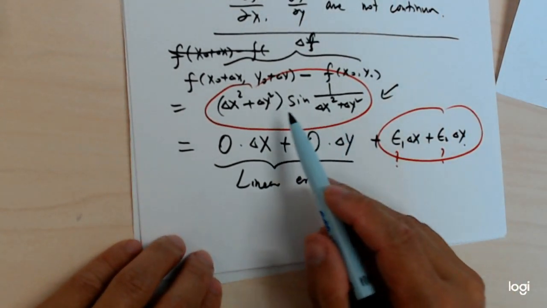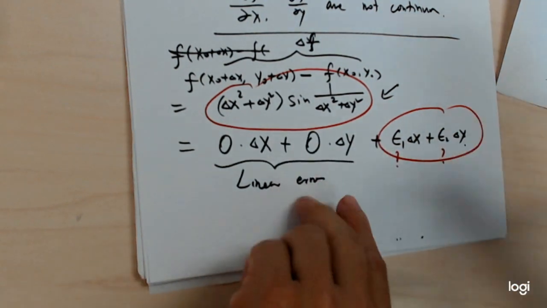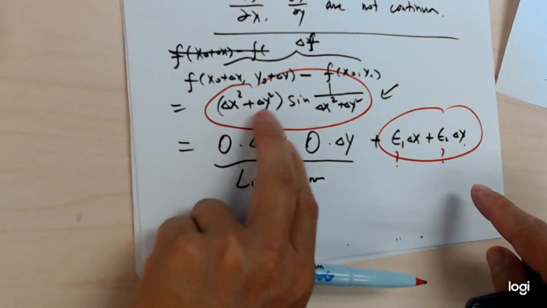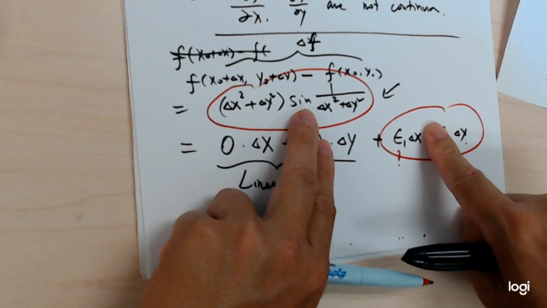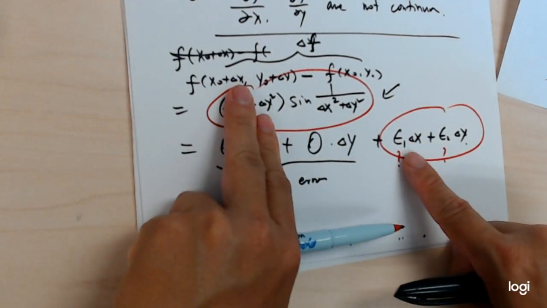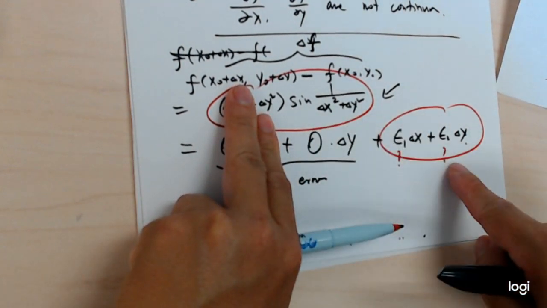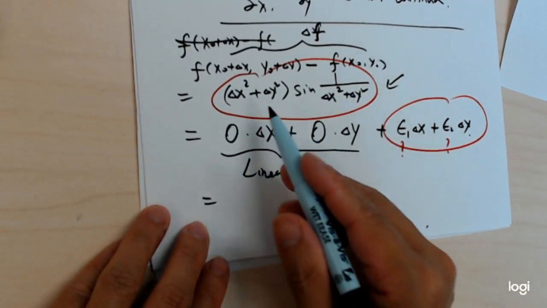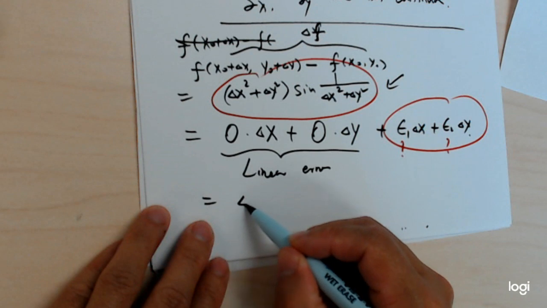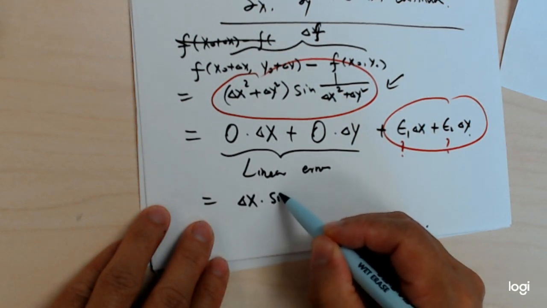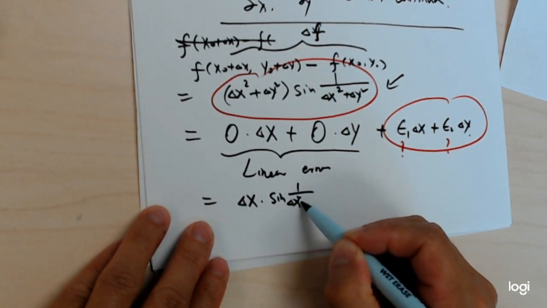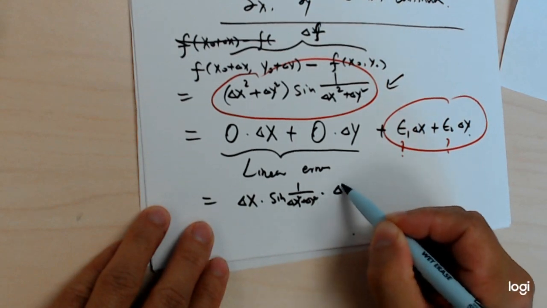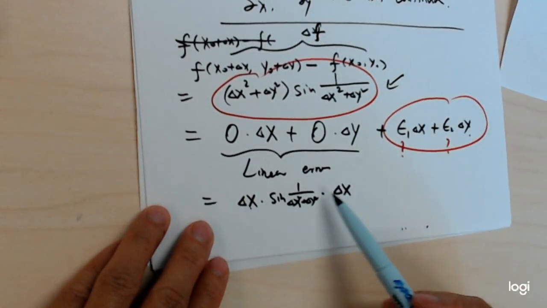So if you quickly compare them, okay, here you have delta x squared times sine, and that'll be our first part, and followed by delta y squared times sine, that'll be my second part. So I can rewrite this as this, okay? It's delta x times sine times delta x. So that's delta x squared.